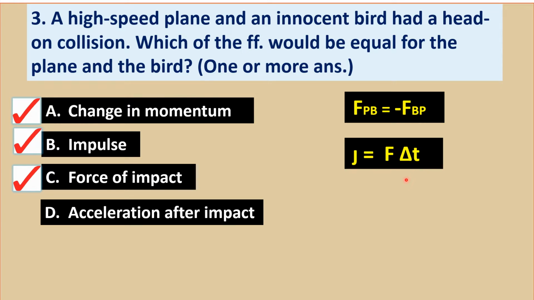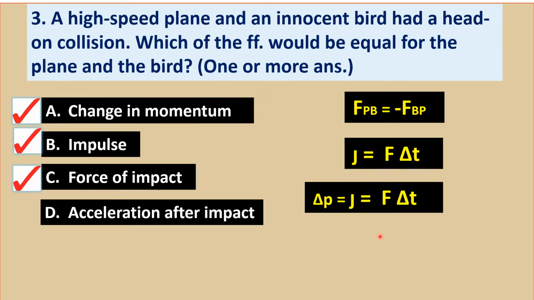All right? And how about letter A? So from the formula again on the relationship between impulse and change in momentum, where we say that impulse is just equal to change in momentum.